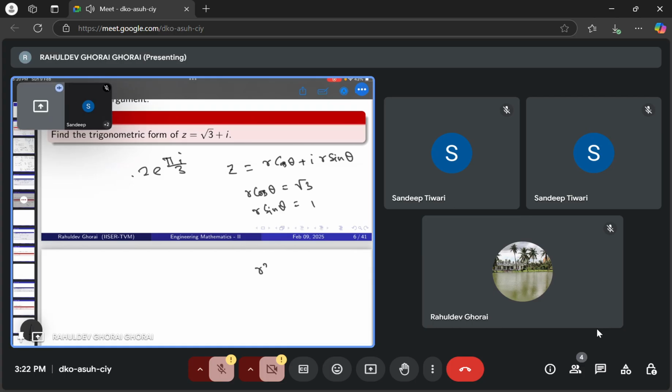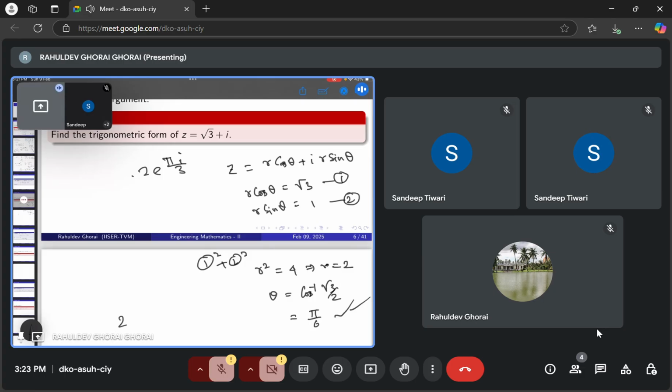Then taking these, 1 square plus 2 square will give you r square equal to 4, so r equal to 2, as r is positive. And theta, then, will be cos inverse of square root 3 over 2, which is pi by 6. Other values are there also, but one of the values will be pi by 6, and that's how we can write.